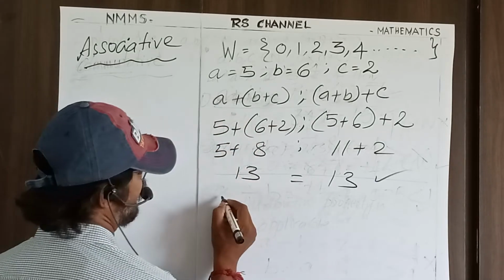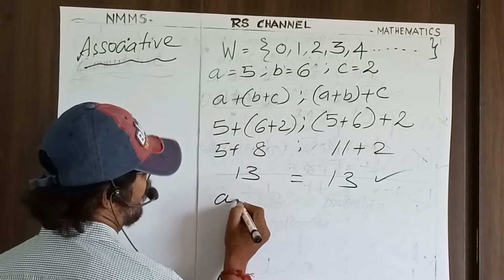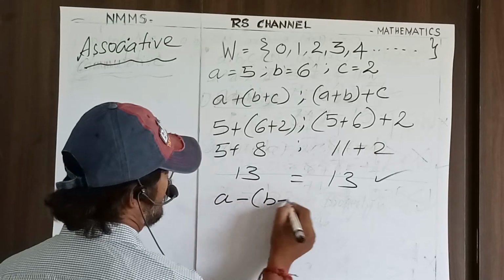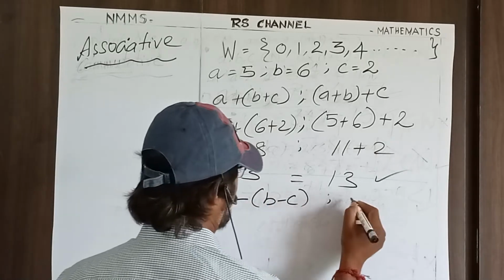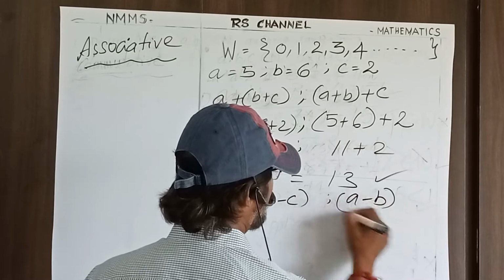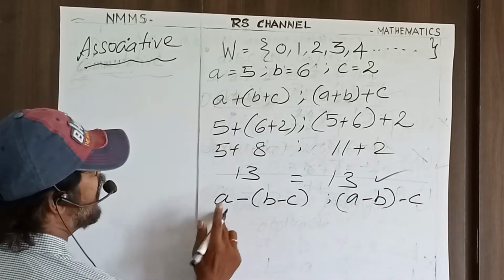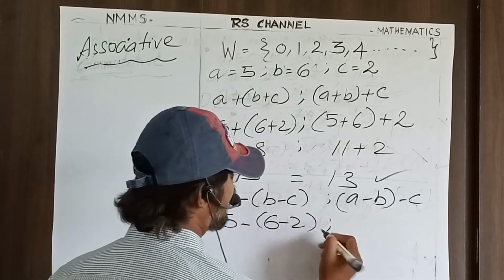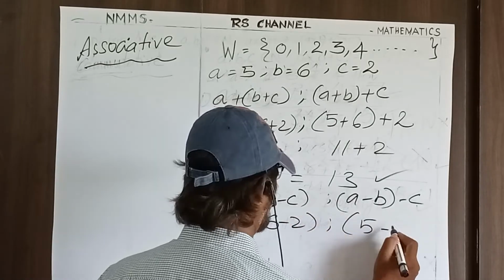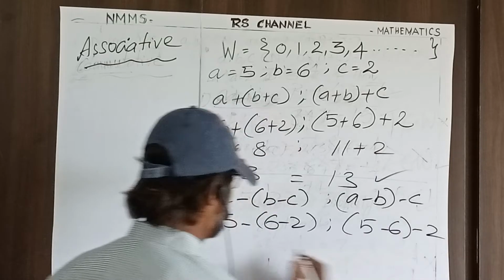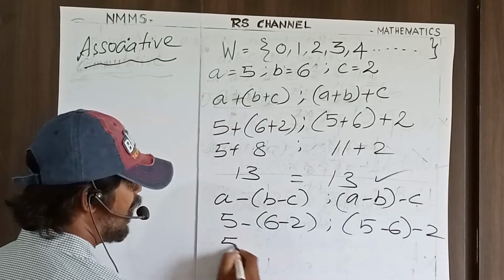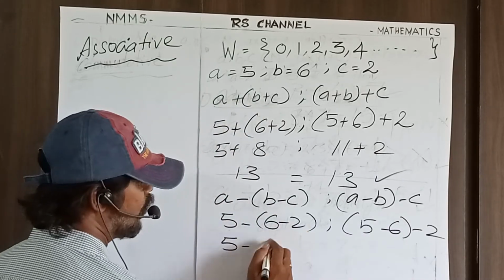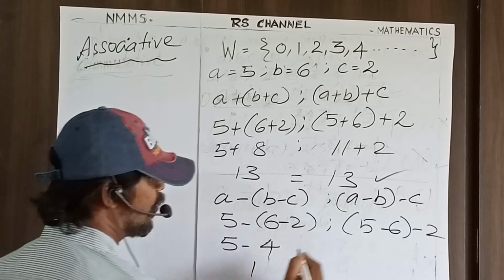Go for subtraction. A minus B minus C and A minus B minus C. 5 minus 6 minus 2, same. Here 5 minus 4 is equal to 1.